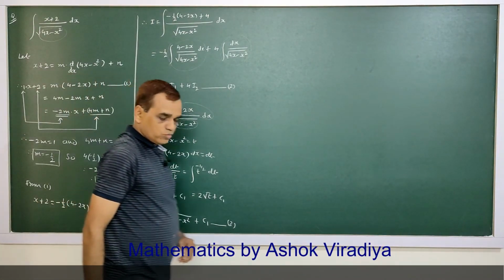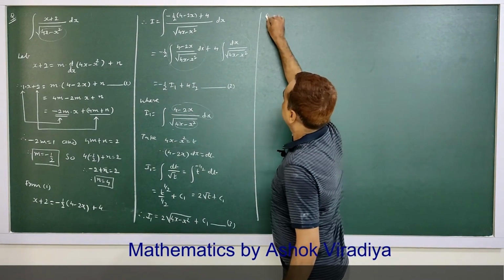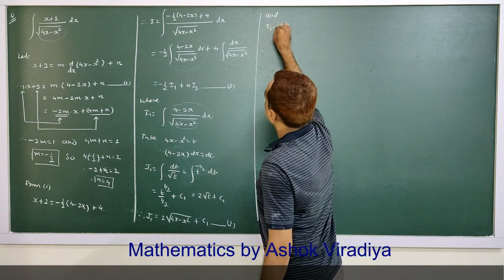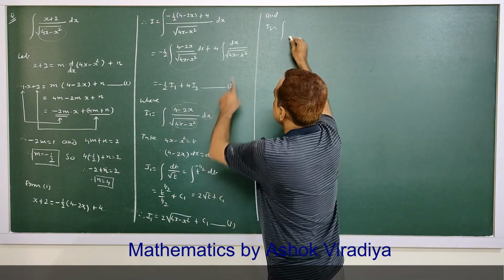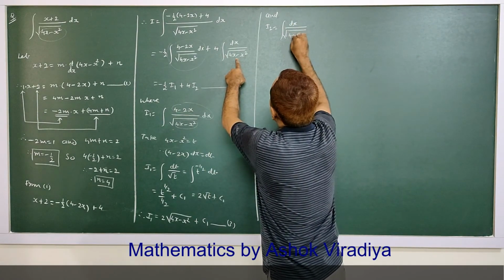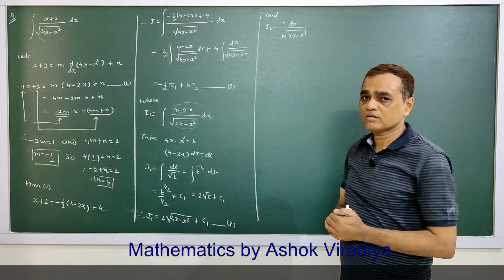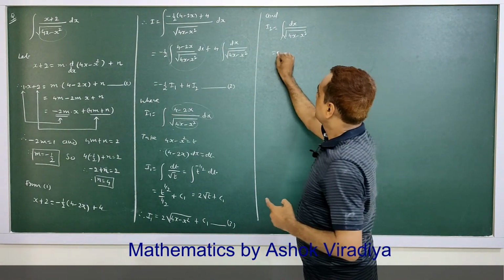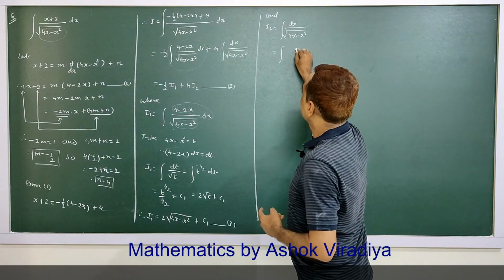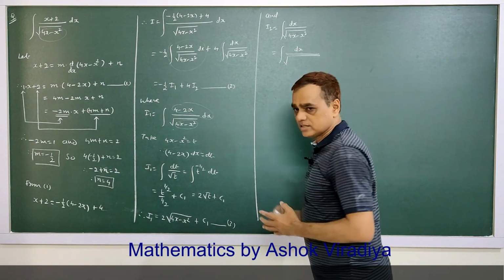Now I2 is dx by root 4x minus x square. Now look, the numerator is 1, and in the denominator is a quadratic.